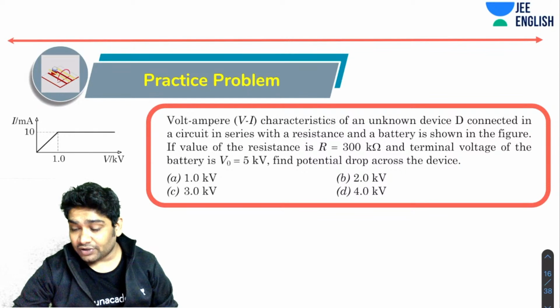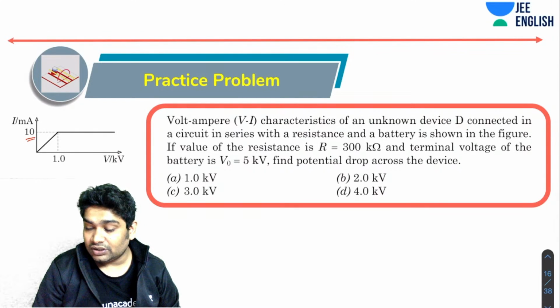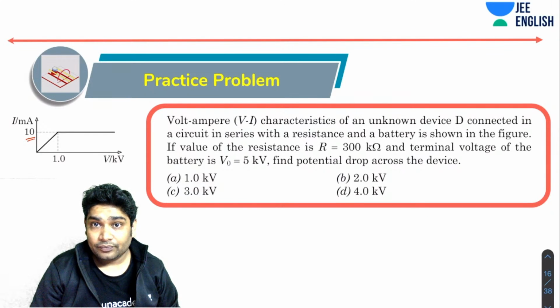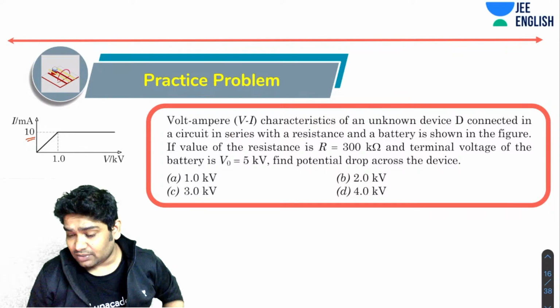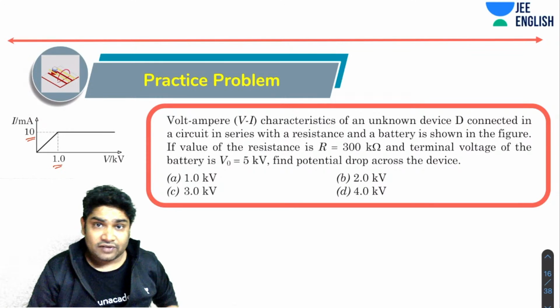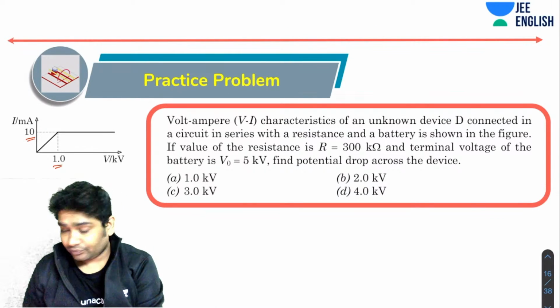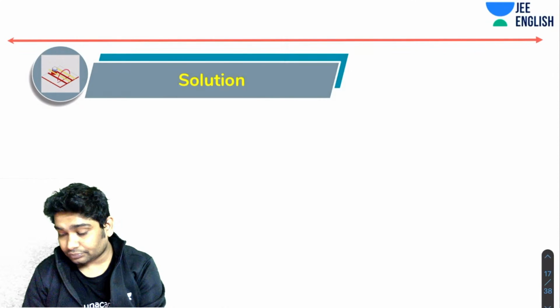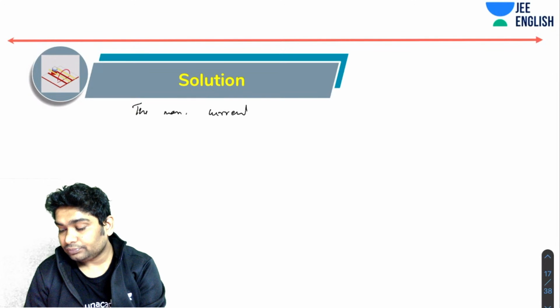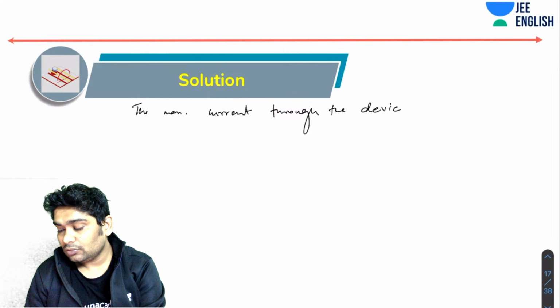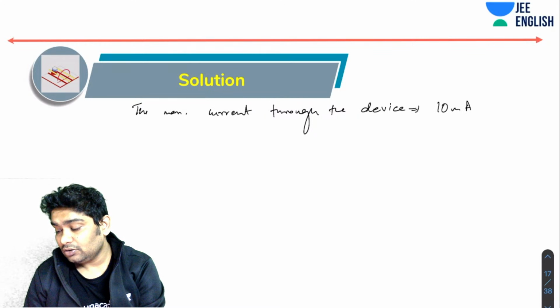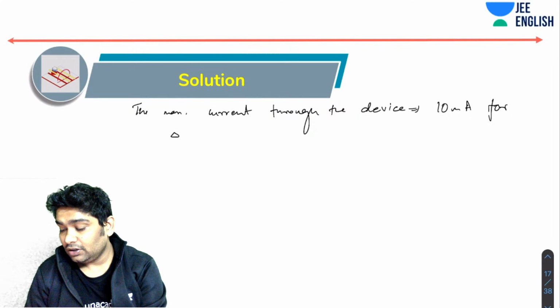So what you realize is that the maximum current that can pass through this device is 10 milliampere. That would have happened if the potential difference across it was more than 1 kilovolt. So the maximum current through the device was 10 milliamperes for delta V greater than or equal to 1 kilovolt.